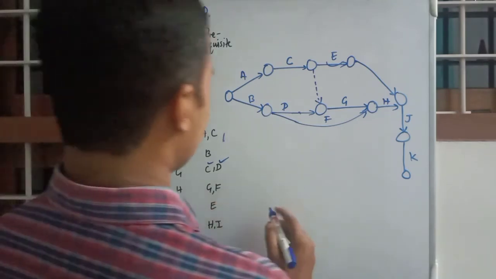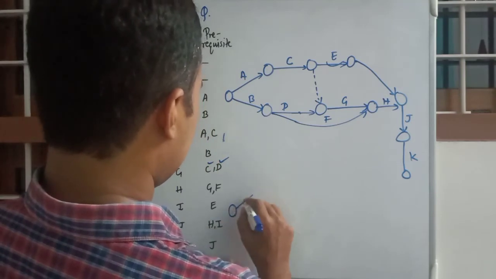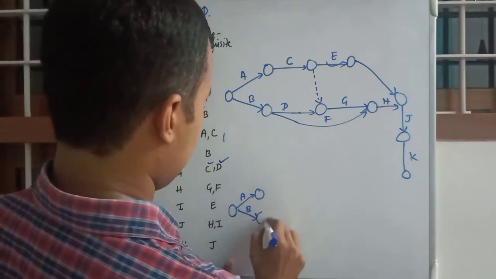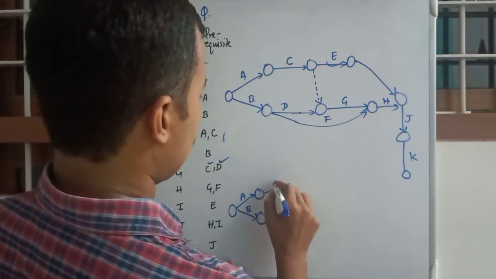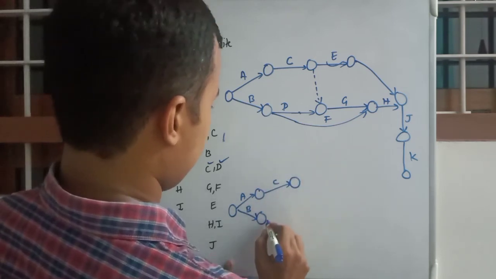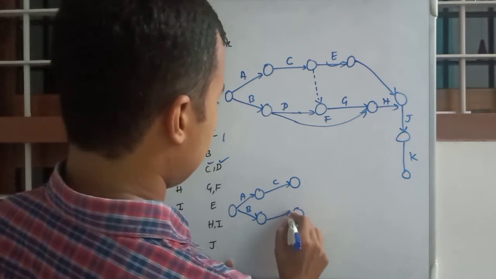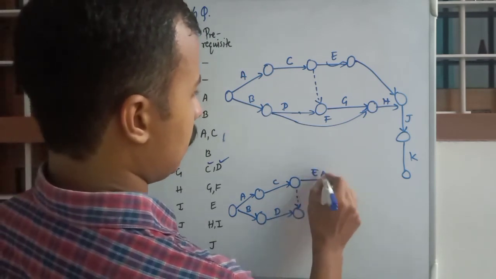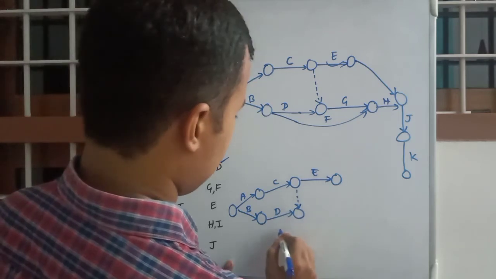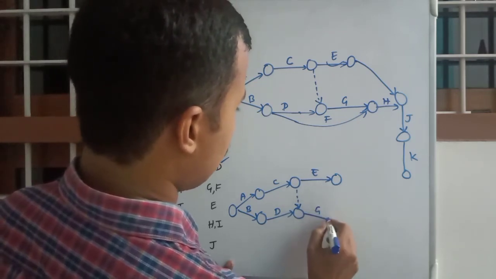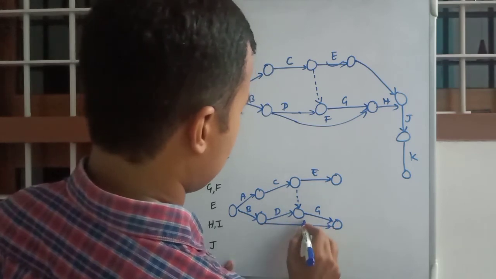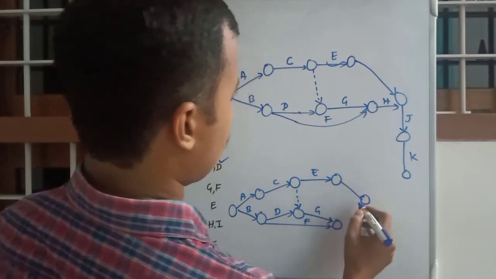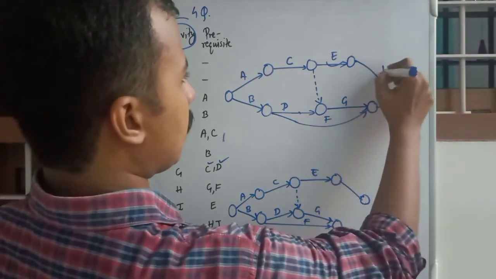Okay, so I will just draw neatly here. 1, A, B, C, D, dummy activity, E, G, F, this was I, right?